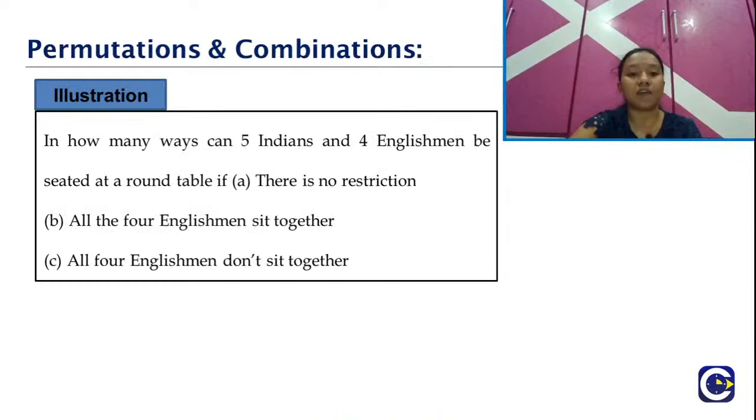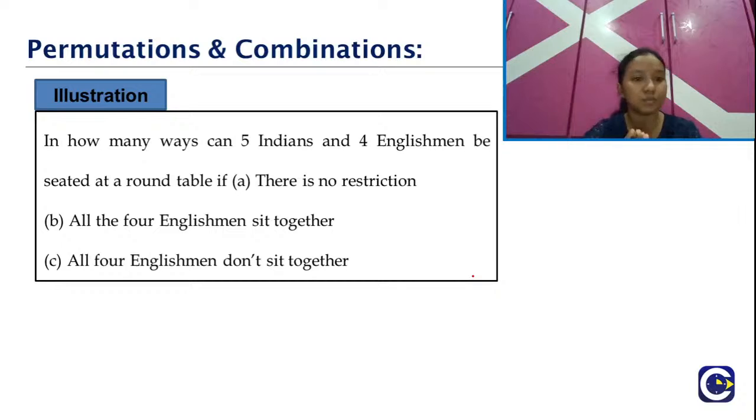So let's have a look at a question and try to understand this circular permutation in detail. You guys are already familiar with linear permutation and all. Now apply those and understand the formulas and the concept that we have learned for circular permutation, and try to answer this question. So take your time. If it's n factorial for linear, for circular it will be n minus 1 factorial.